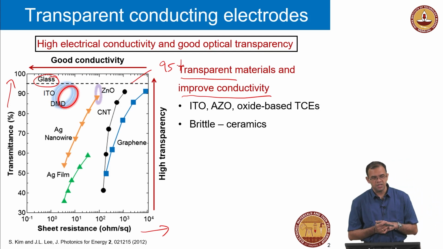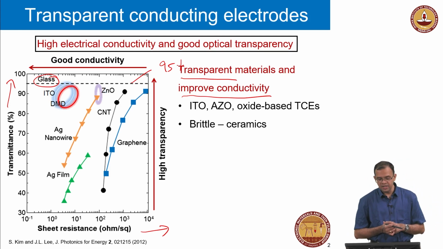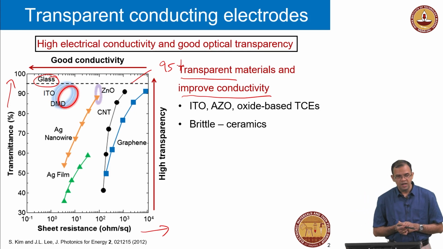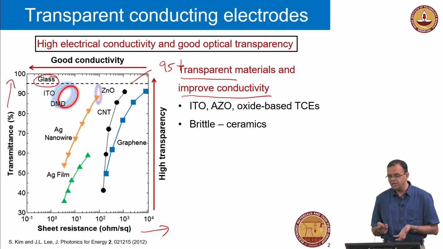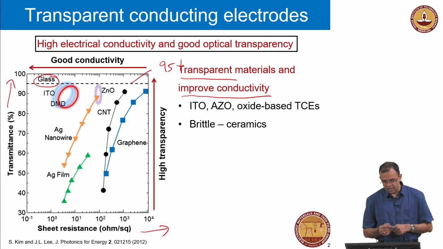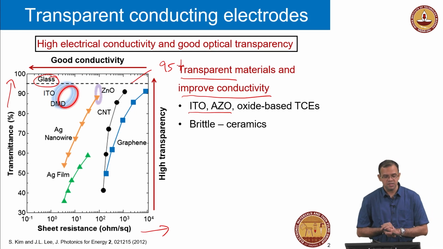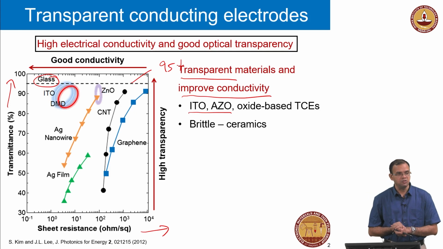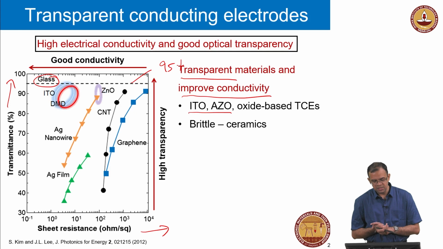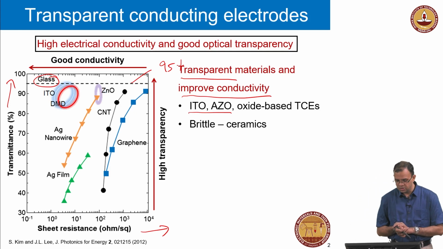You start with a transparent material, and typically that is a semiconductor, and then you try to do something to the semiconductor, usually that is doping, in order to improve the electrical conductivity. And classical examples are of course indium tin oxide, aluminum doped zinc oxide. Usually a lot of oxide based materials are used for this. There are some drawbacks of course. Usually oxides are ceramics, so they are brittle in nature.